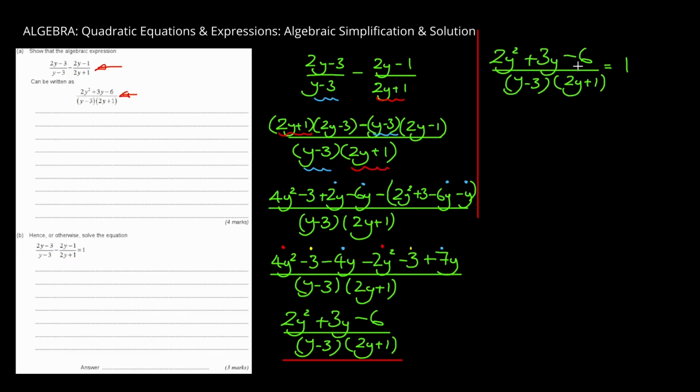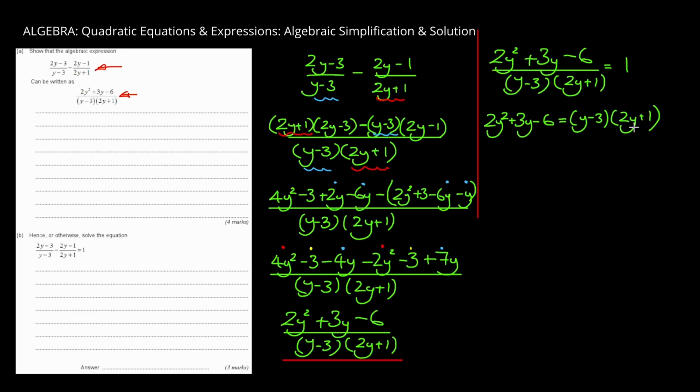Well, the trick now is to get everything on the same line. If we multiply both sides of the equation by the denominator, on this side they will cancel and they will appear multiplied by 1 on this side. So we get 2y squared plus 3y minus 6 is now equal to y minus 3 multiplied by 2y plus 1.